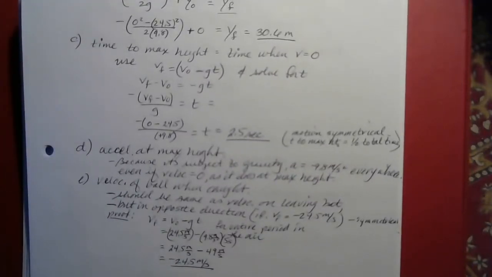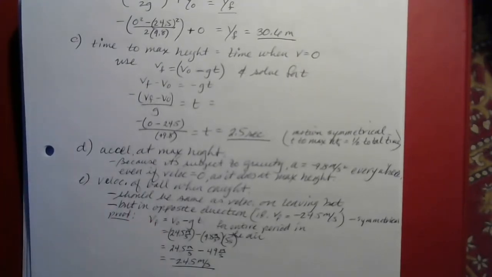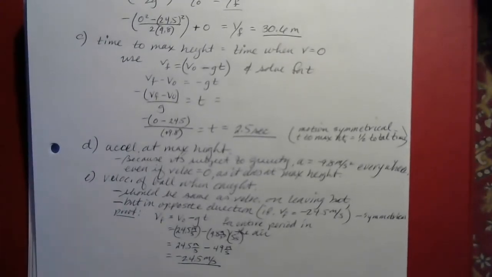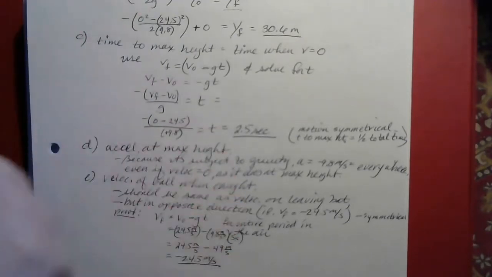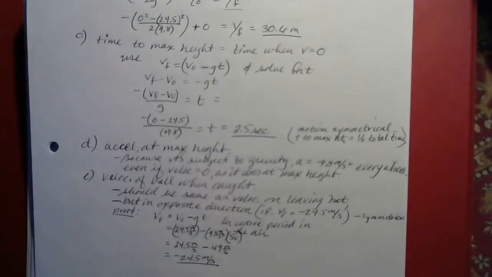Part C, how much time does it take to get to the maximum height? Well, in projectile motion, and actually the free fall situation where something is going straight up in the air and then falling straight back down again, that is a type of projectile motion.